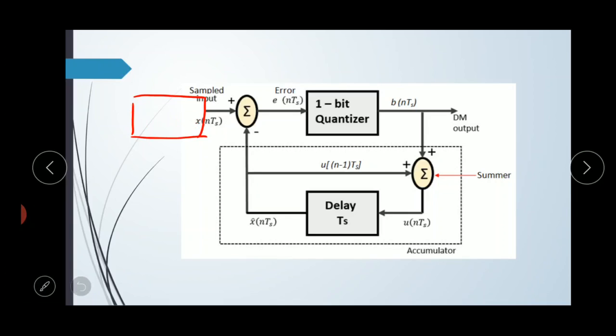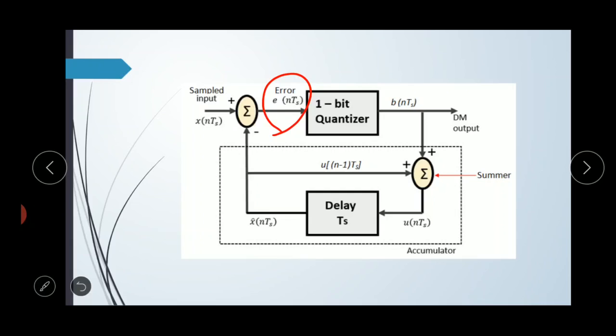So here is the sampled input given here, that is x of nTs, and this one is the previous sample, and this section compares these two inputs. So it finds out the difference between them. So at the output we get a difference signal which is denoted as error signal, denoted as e of nTs.